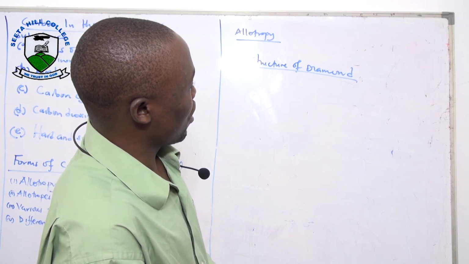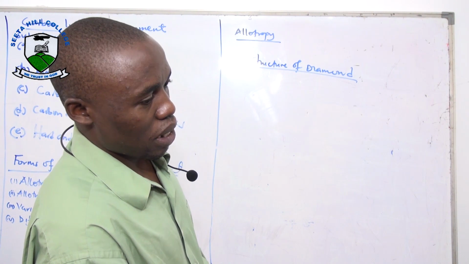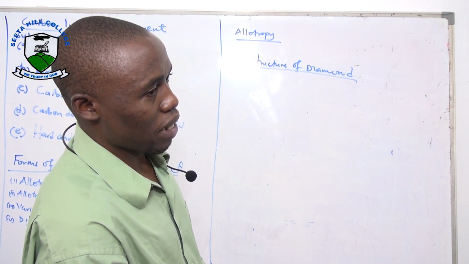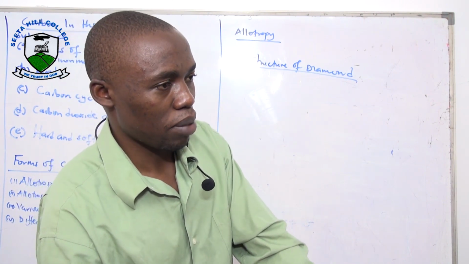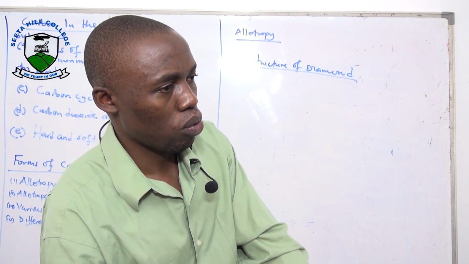Now, since we said it's basically carbon, let me refer you back to the periodic table. The carbon is in which group of the periodic table? Group 4.